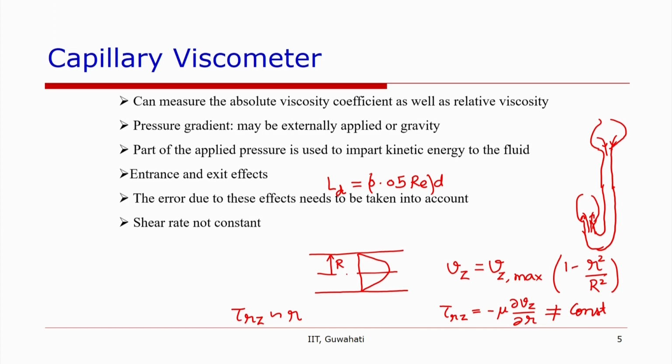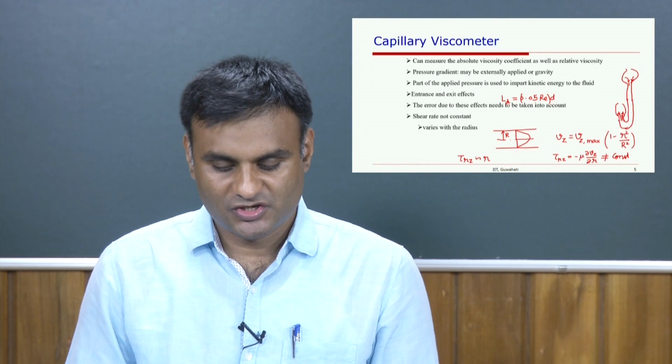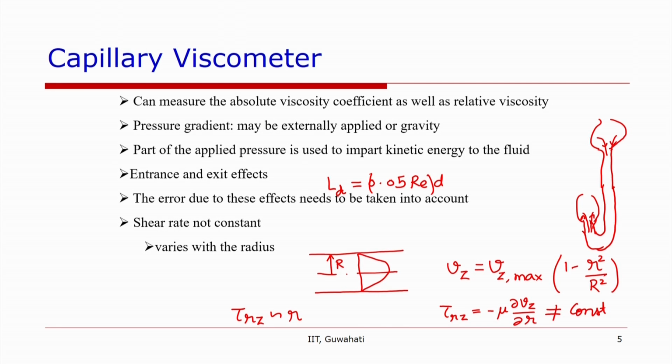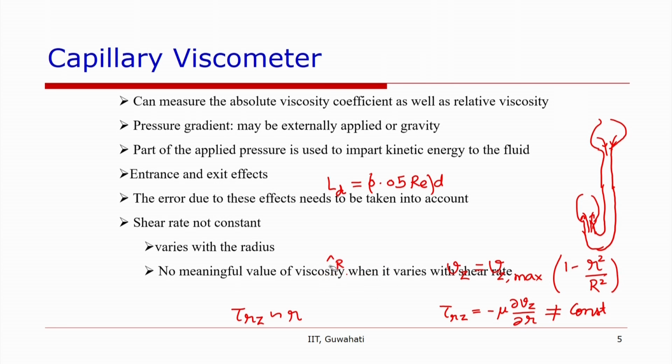So if the viscosity of the fluid is shear rate dependent, the shear stress varies with the radius. In such a case, whatever viscosity we measure using a capillary viscometer will not give us the correct value of viscosity, because viscosity is a function of shear rate and shear rate is a function of radius in a capillary viscometer.